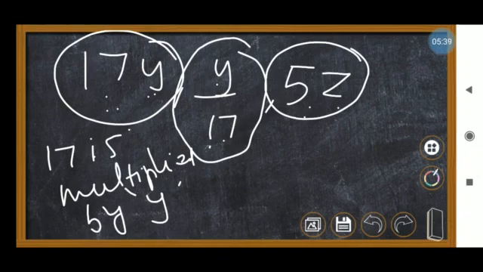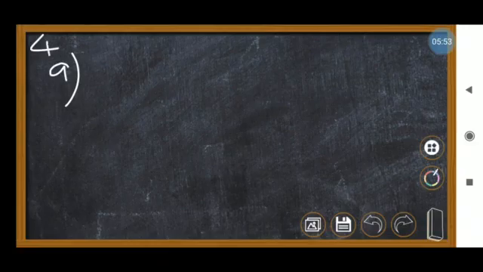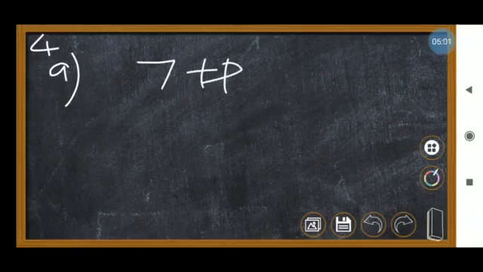Okay, students, the next one is: give an expression for the following cases, in exercise 11.3. 7 added to p means 7 plus p, and 7 subtracted from p means p minus 7.